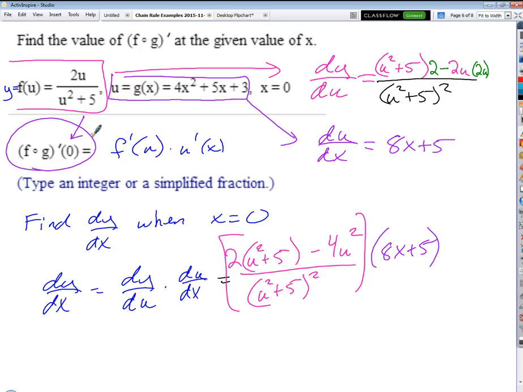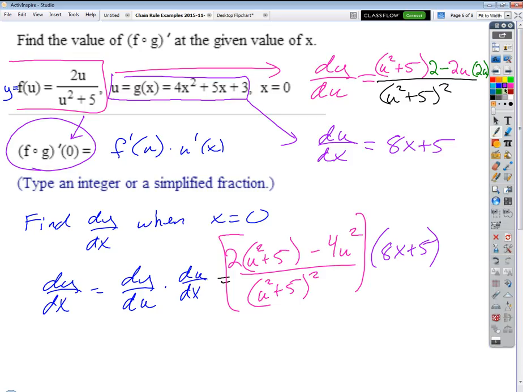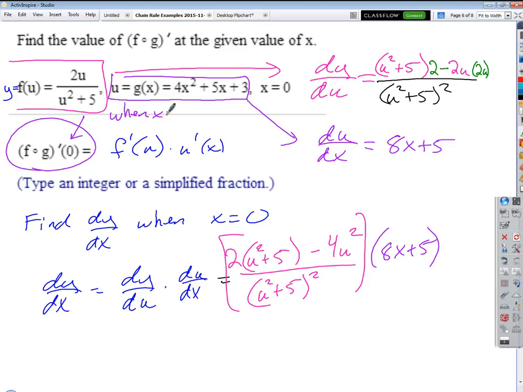When x is 0, u is g of x. So would you agree that when x equals 0, u equals what? 3. Isn't that a lot easier: just establish the value of u when x equals 0 and plug in 3 for u and 0 for x to find the derivative? A lot easier, right?